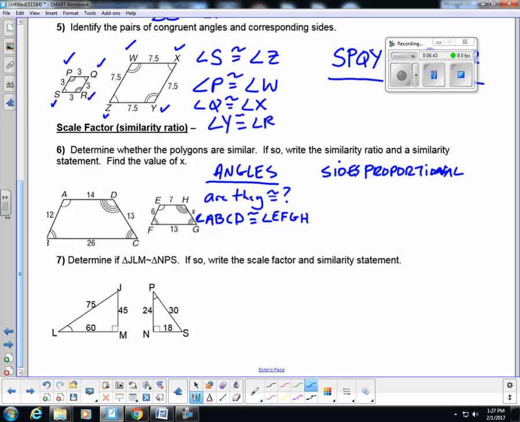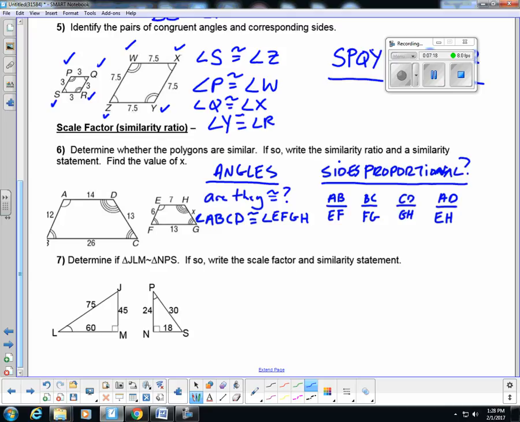Okay, are the sides proportional? Meaning this: if we match up the sides according to the congruent angles, AB and EF, and then BC to FG, and then CD to GH, and then finally AD to EH.